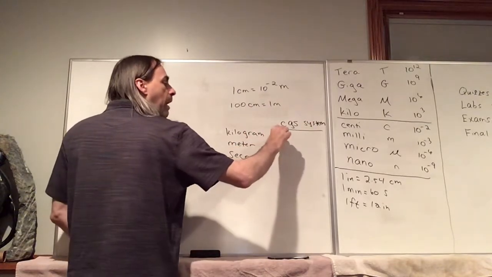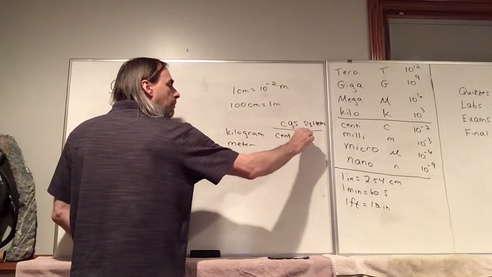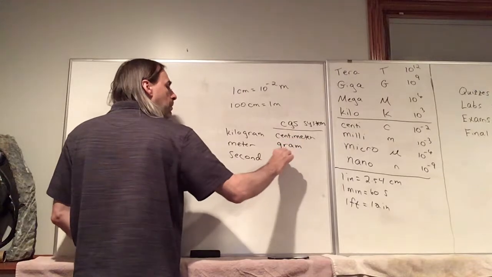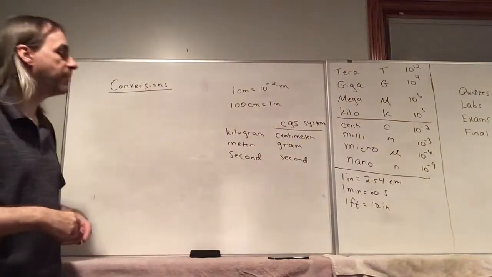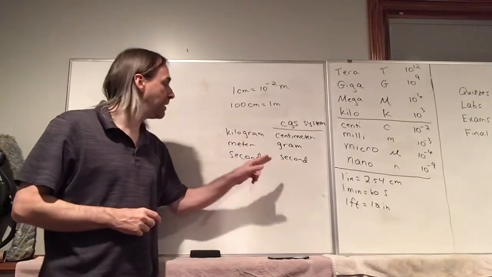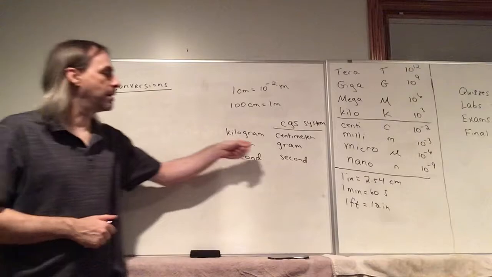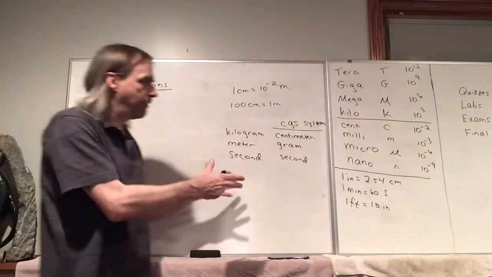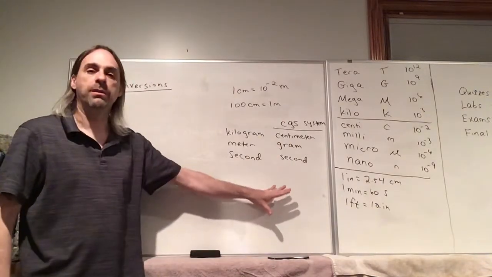This is the centimeter, gram, second. So that's what CGS stands for. So again, it's length, mass, and time, just like the other one. You're using kilograms and meters; here are centimeters and grams. Not too much of a difference, but this is an older system.